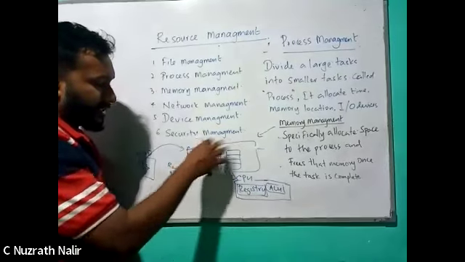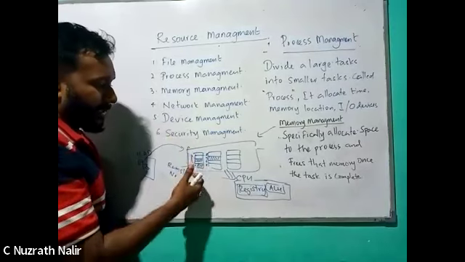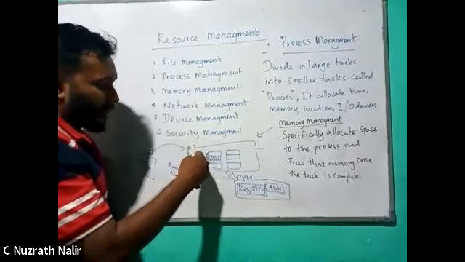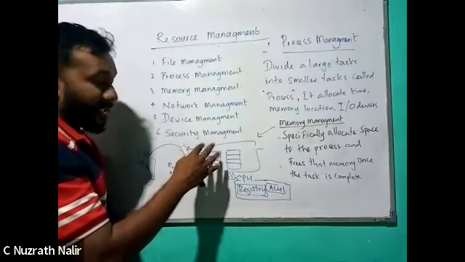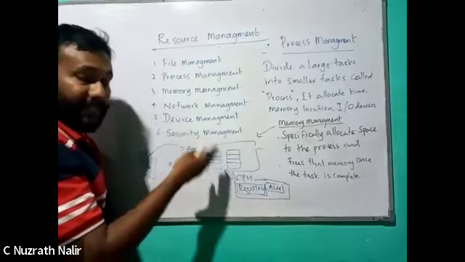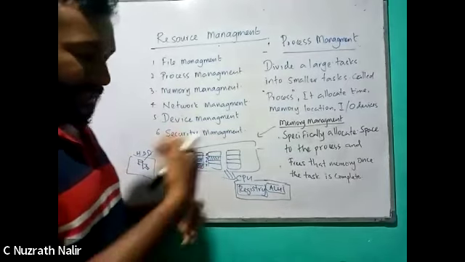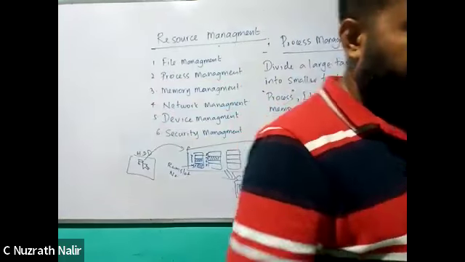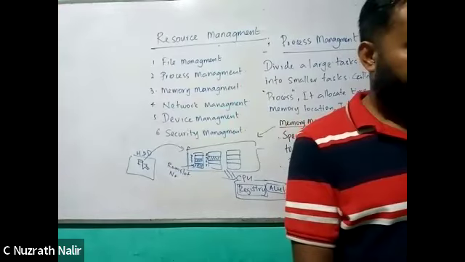Once the task is complete, the memory management will erase and clear that data, and give the space to the new process. And this is how it happens continuously. This is called process and memory.